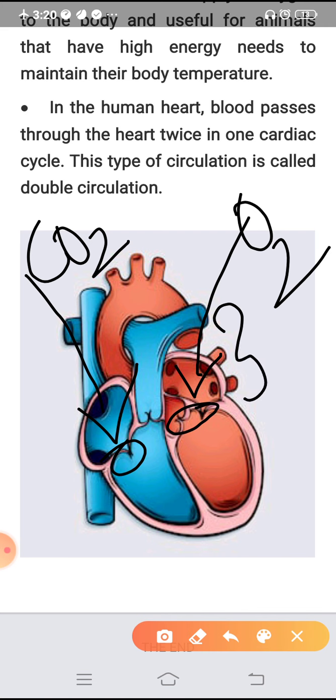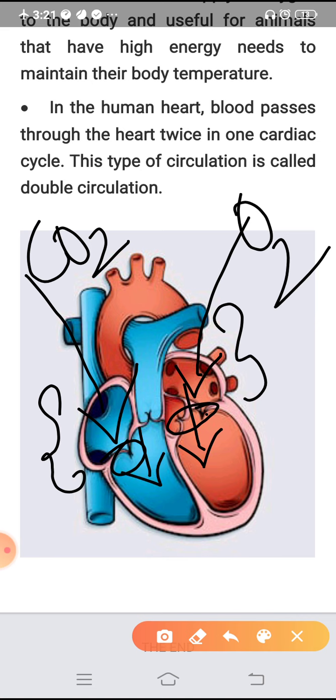So similarly, the blood which is filled in both the right and the left auricles, what happens? Now the auricles contracted. As a result, the bicuspid valve and the tricuspid valve both open. As the valves open, the blood starts flowing into the ventricles.